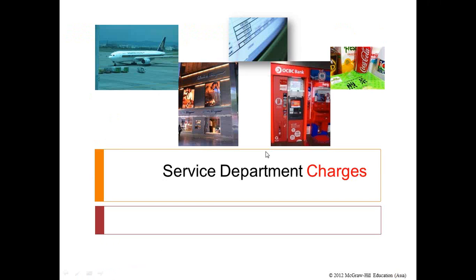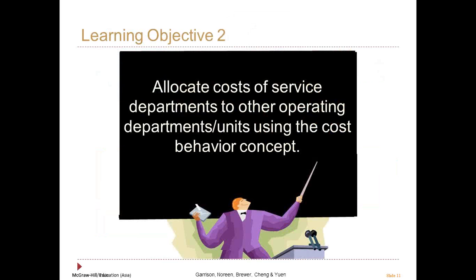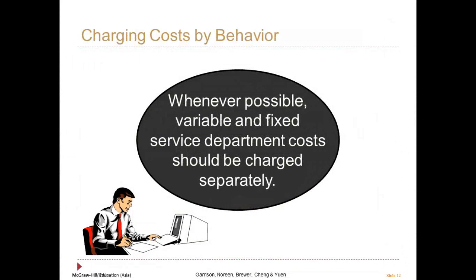So let's discuss service department charges. In learning objective number 2, we're going to allocate costs of service departments to other operating departments using the cost behavior concept. Charging costs by behavior.